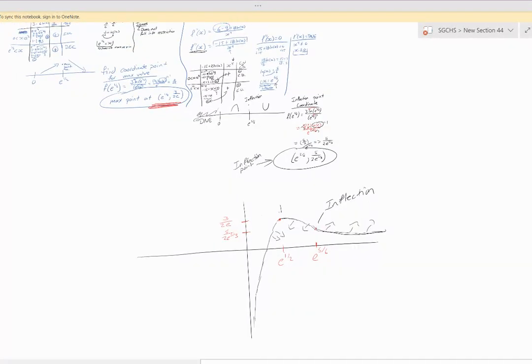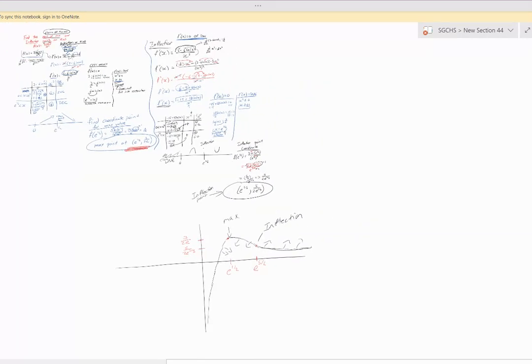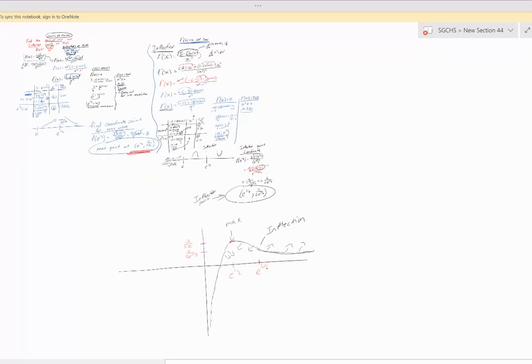And then this guy's your max. So that's kind of how you do a more difficult question. Again, in order to actually sketch this, you'd probably have to find your x-intercept and go from there. But that's how you find your inflection points and maximum points.